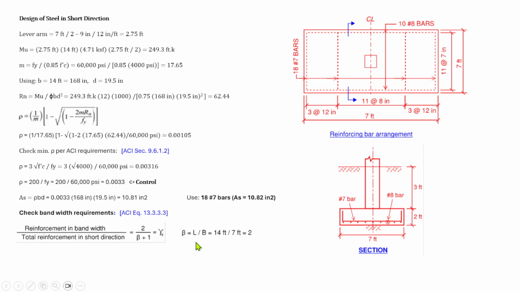If we substitute that value in here, that would give us 2/3. It's about 67%. So 67% of the required reinforcement is 12 bars. That would be the number of bars that we need to provide in the bandwidth. Bandwidth is from here to there, that is equivalent to 7 feet. So for 18 bars, we will put here a total of 12 bars. Then we will redistribute the remaining ones on both sides.